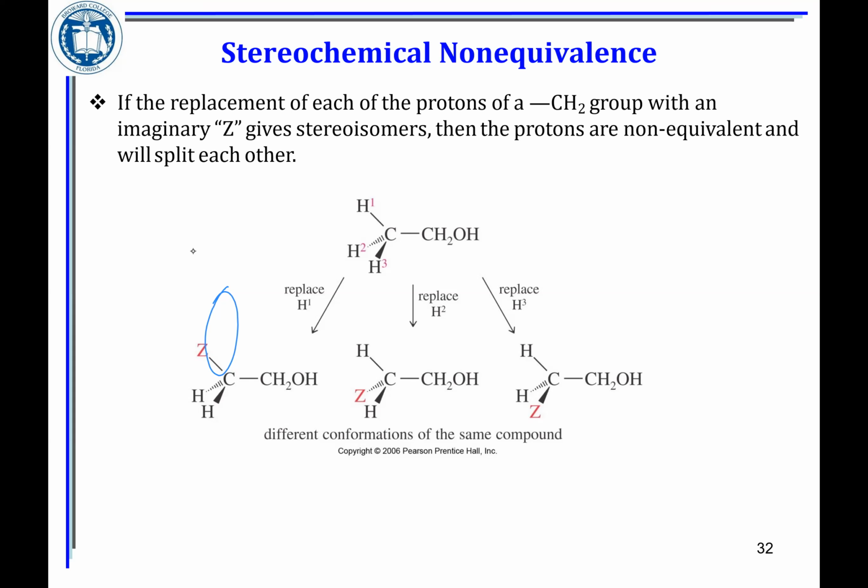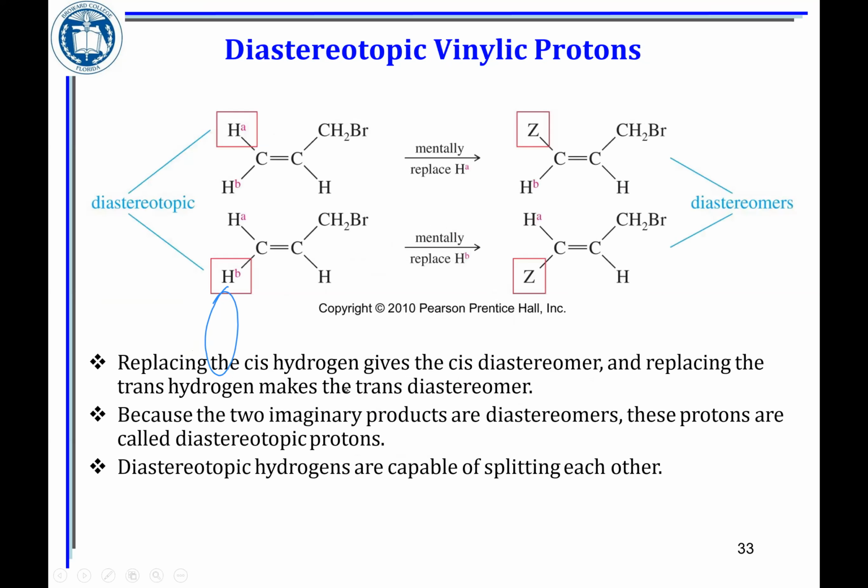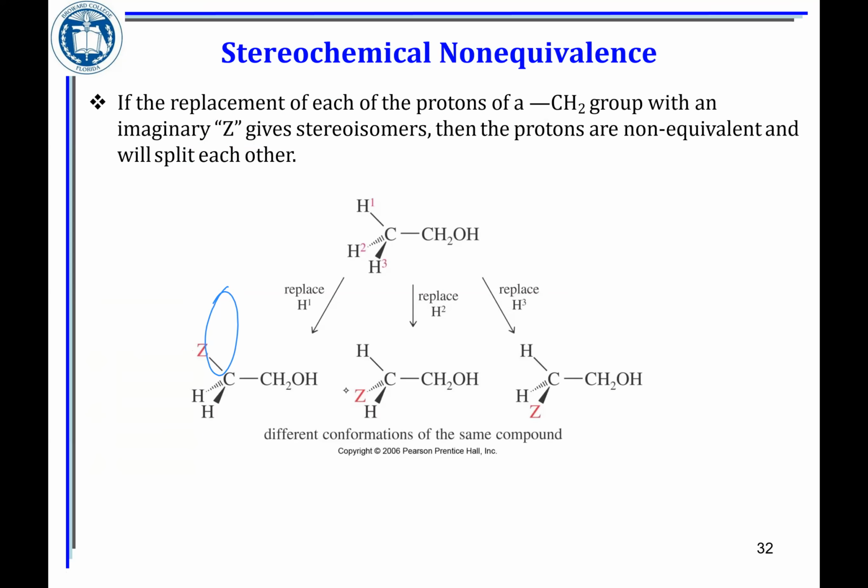So if you replace hydrogen 1, hydrogen 2, or hydrogen 3, one at a time, with the Z group, there is no change in the molecule, and your molecule is still a chiral molecule. As a result, hydrogen 1, hydrogen 2, and hydrogen 3 are identical. They are chemically equivalent hydrogens, so they do not split each other.